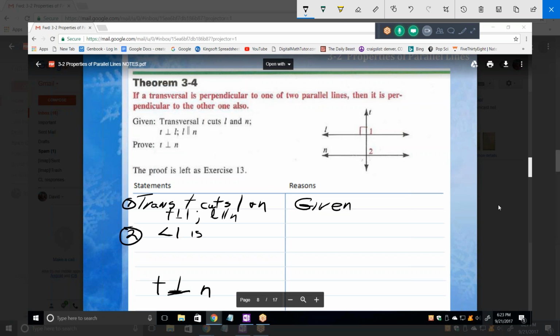The right angle? Yeah, it's 90 degrees, based on the fact that T is perpendicular to L. It was based on the given. Then T is also perpendicular to angle 1. What can we say about angle 1 and angle 2?